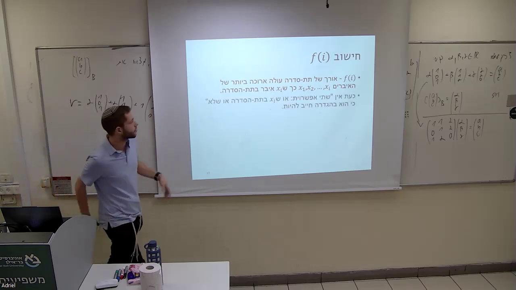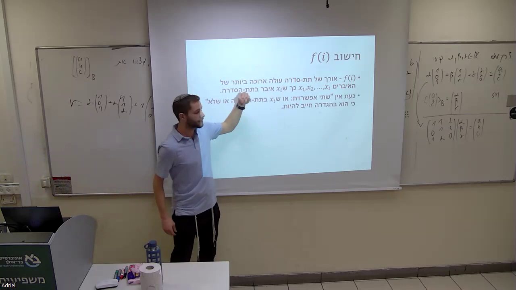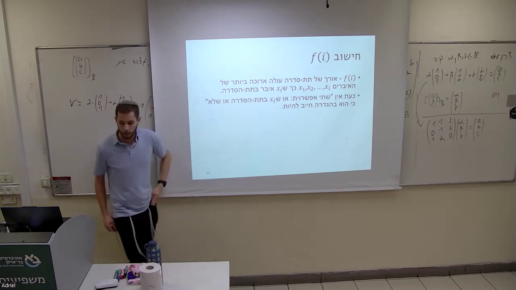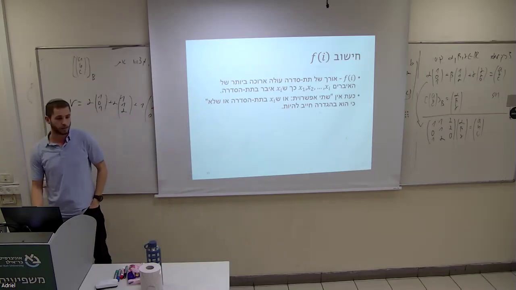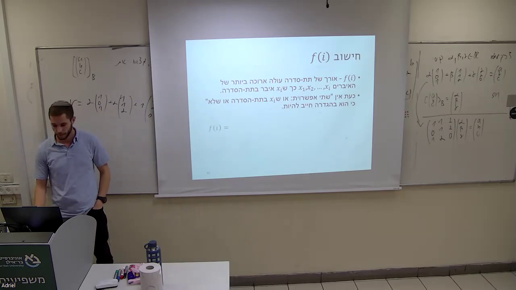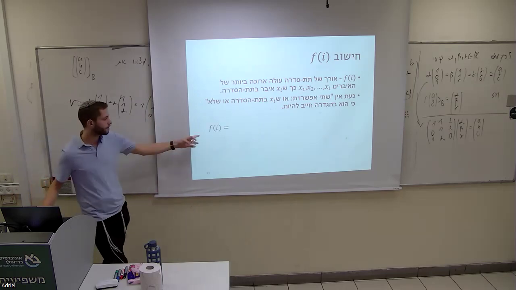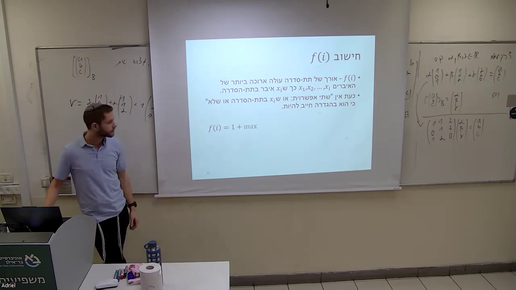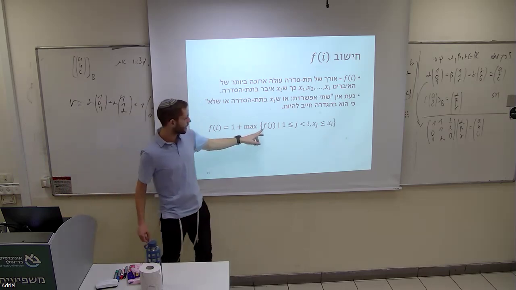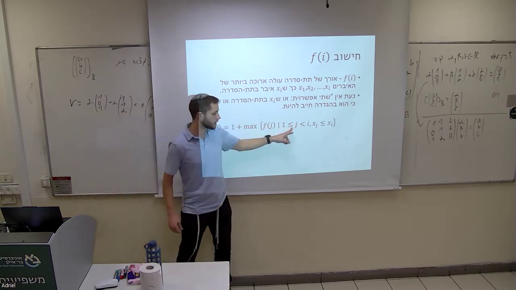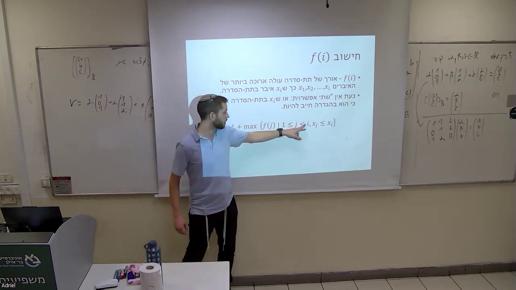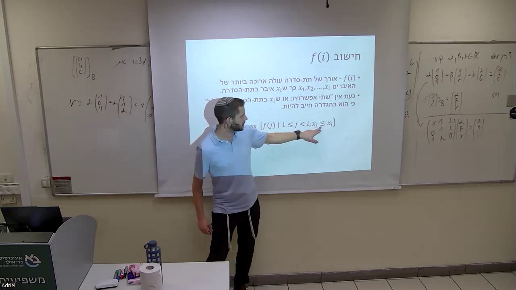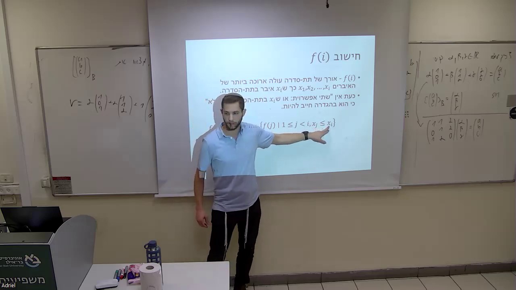Remember, it's the longest one such that x of I is in our subsequence. So now we don't have two options. It has to be in it, right? So now how are we going to define it? F of I equals 1, because we add it, plus, and now max of all the different f of j's, such that j is smaller than I, between 1 and I, such that x of j is smaller or equal to x of I. Why?